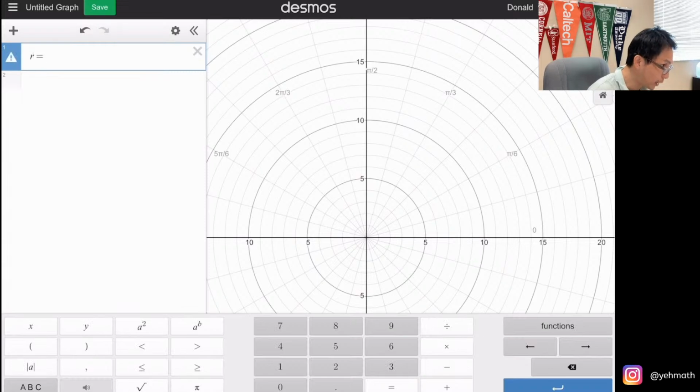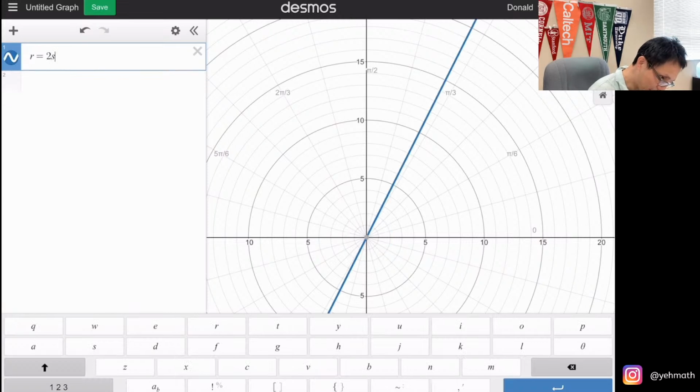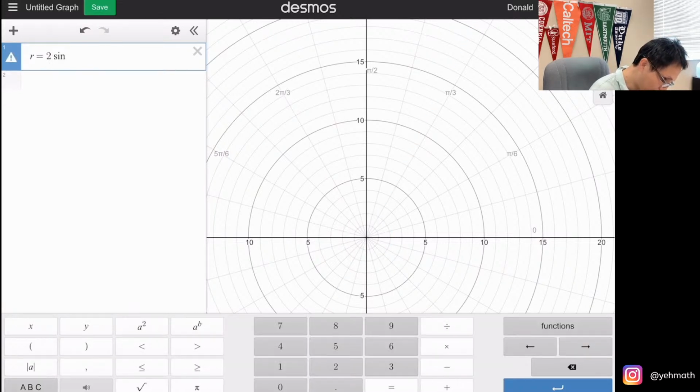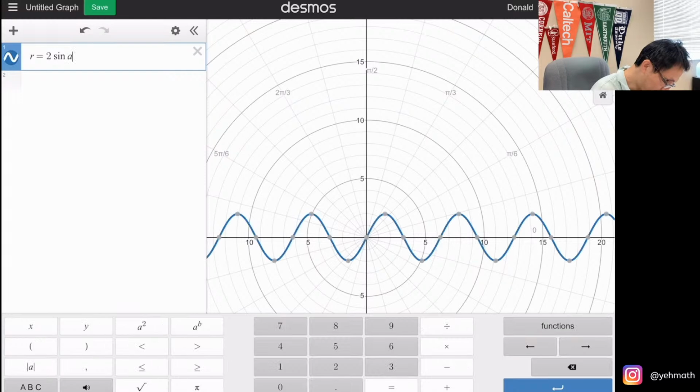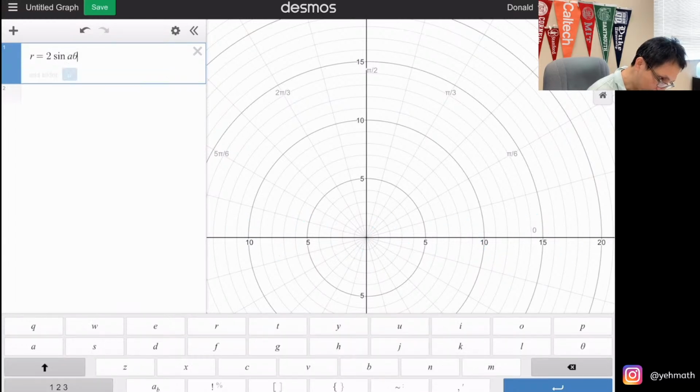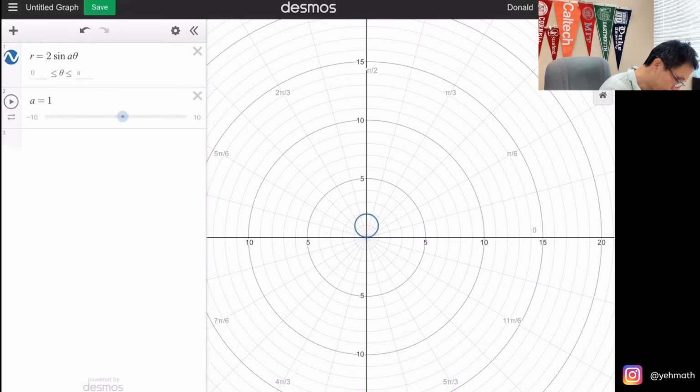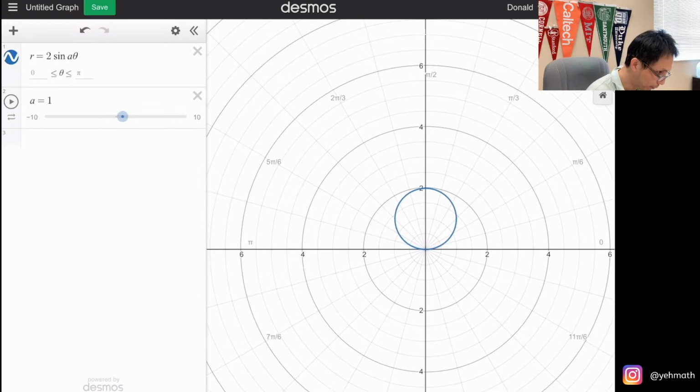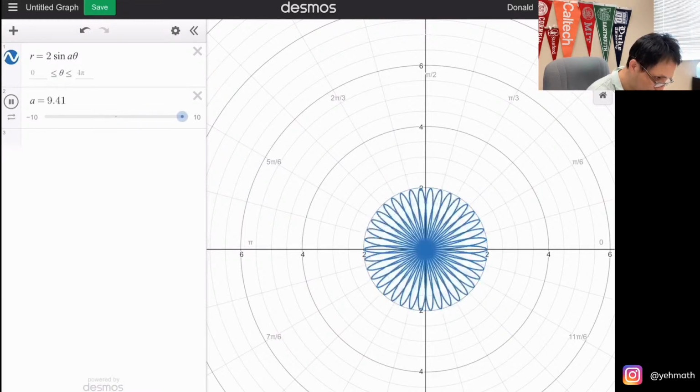Let's just say r equals 2 sine of a theta. Add a slider. So you see that there is a circle. Oh, that's cool.